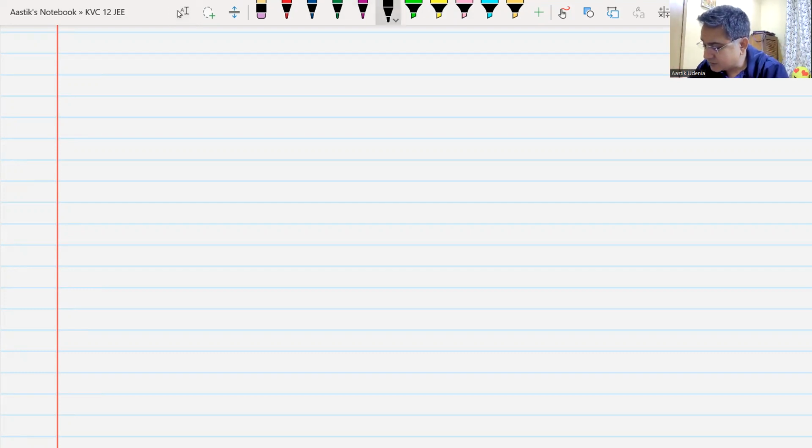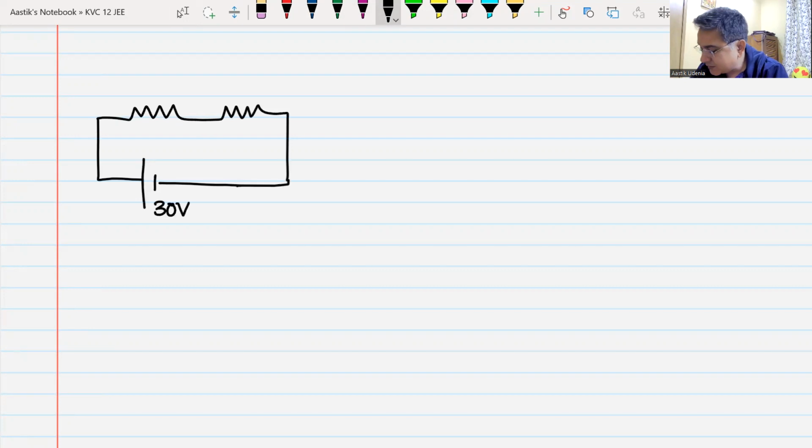I'll give you one question, and I hope that everyone, taking a deep breath, is able to understand what is asked. It's a simple question. This is a battery of 30 volts. Oh, sorry. Let me make this as 10 ohms, and let me make this as 5 ohms.